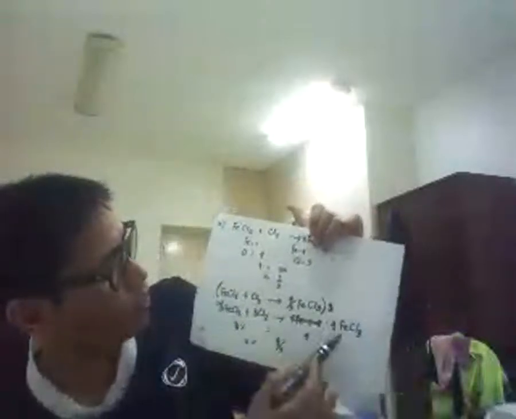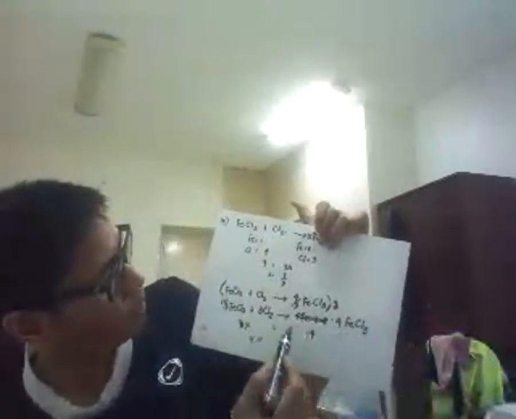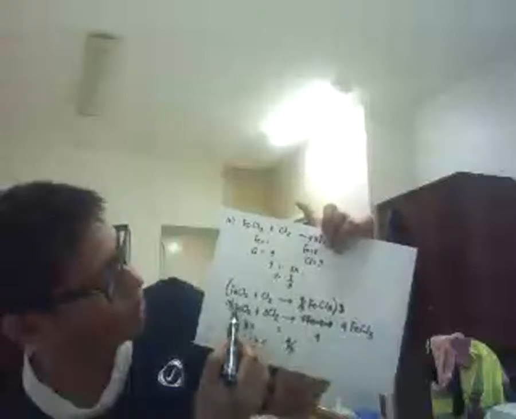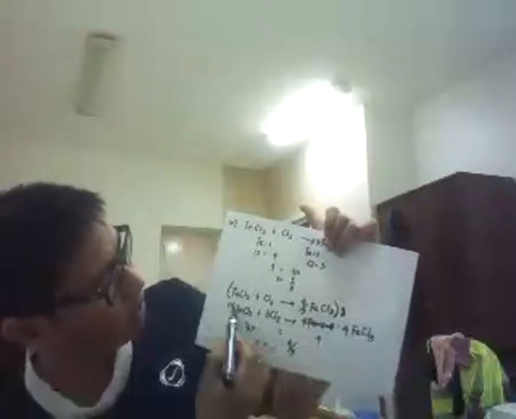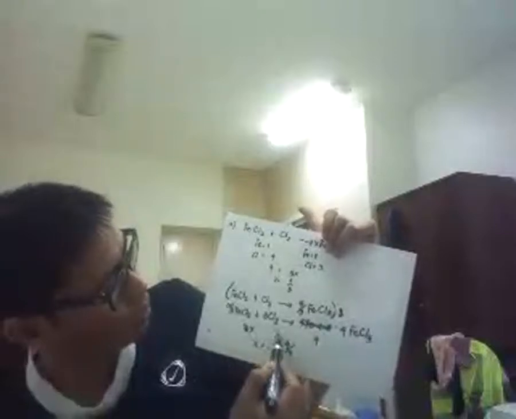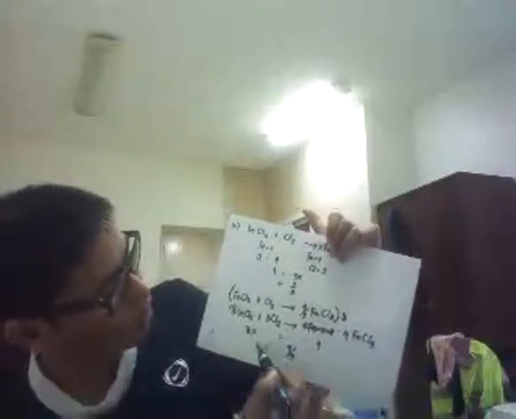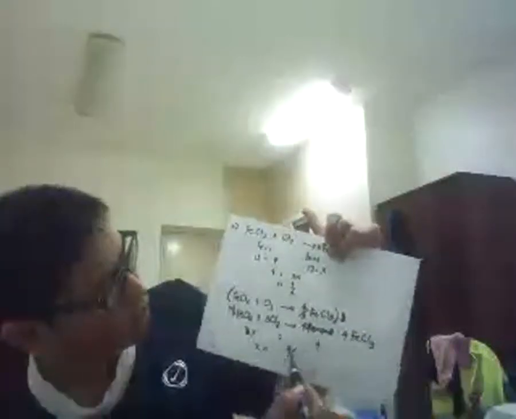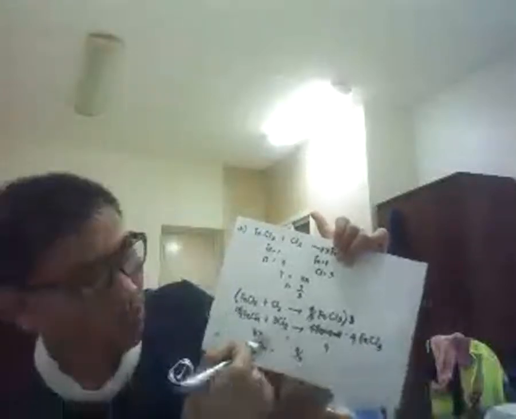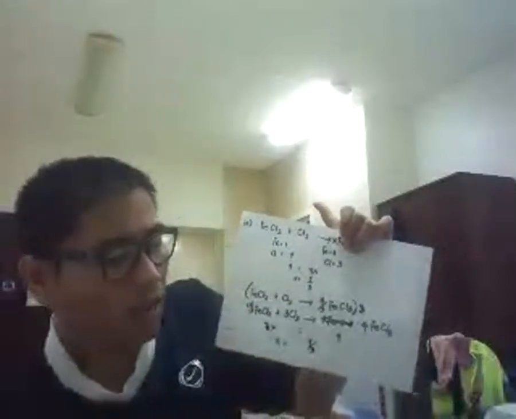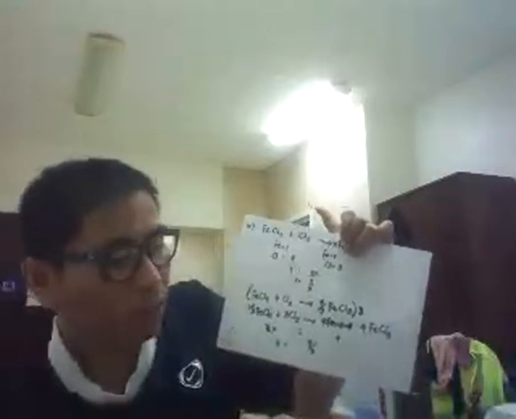So we start with iron. Since iron is 3 here and 4 here, it is not balanced. So we need to let X be the coefficient of iron in the ferrous chloride. So this will become 3X. 3 times X. So 3X is equal to the 4 here. So X equals 4 over 3, and the 4 over 3 will be replaced here. So 4 over 3 times 3 is equal to 4.